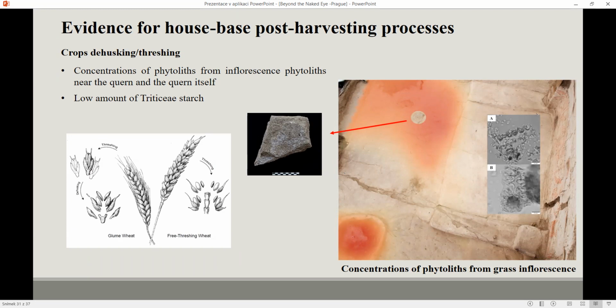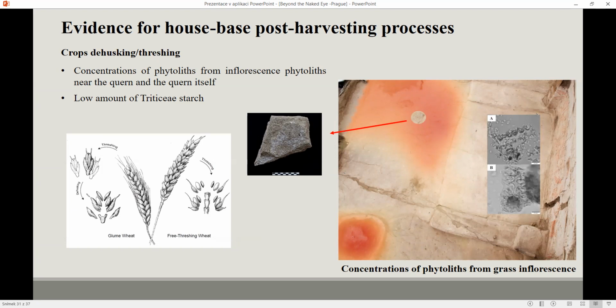the lack of starch grains from cereals, both on the artifact and in this area of the house, is telling us that yes, it was used for plant processing, but perhaps during the first steps, where we clean the cereals or remove the non-edible part, where the phytoliths are located. For example, activities like husking or threshing.